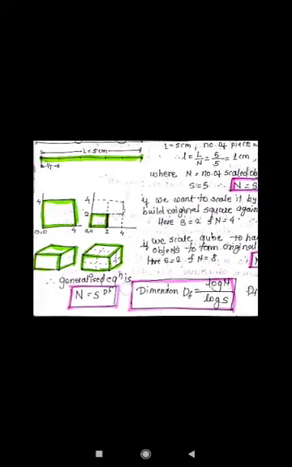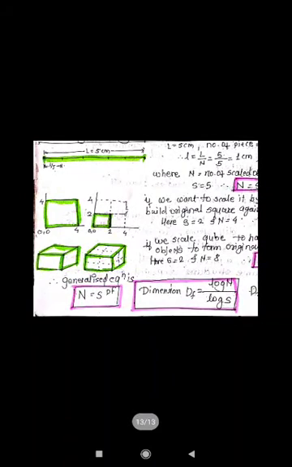Now if we consider the cube, and we want to scale that cube by half, then we need N number of scaled objects, right? So how many scaled objects will be required? Here it will divide that into 8 parts. It will divide that into 8 scaled objects.